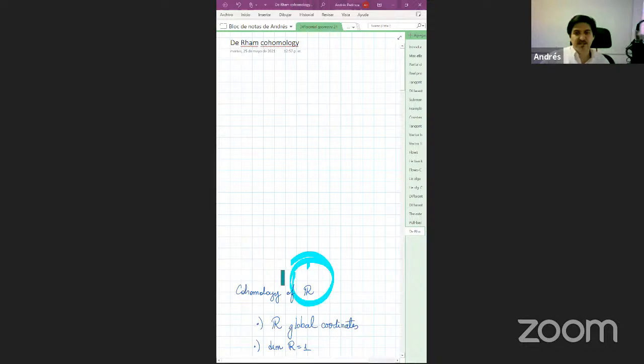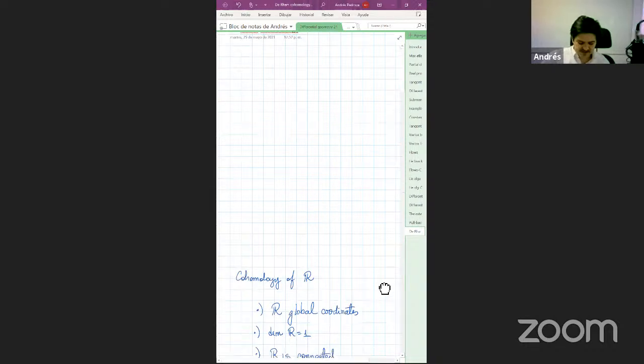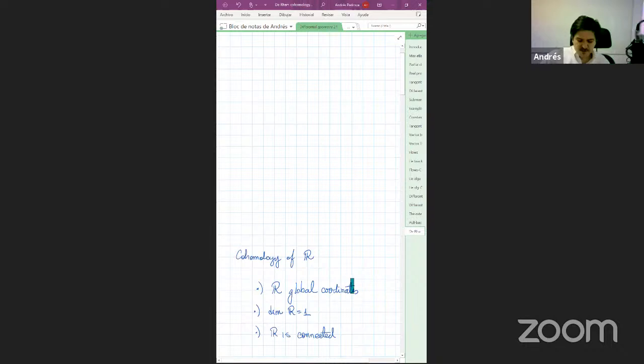So we are interested in the cohomology of the reals as a manifold. Let's recall a few aspects. The good thing is we have global coordinates in R. The dimension is 1, and we know that it is connected, right? So that's everything clear.